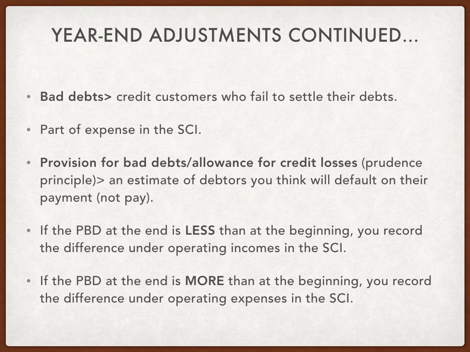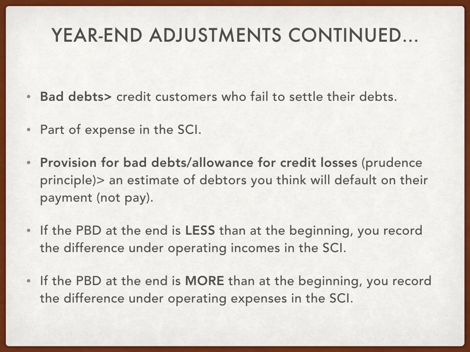You have an income which you will record in the statement of comprehensive income if the provision for bad debts at the end of the financial year is less than what you have at the beginning of the year. Let me slowly spell this.